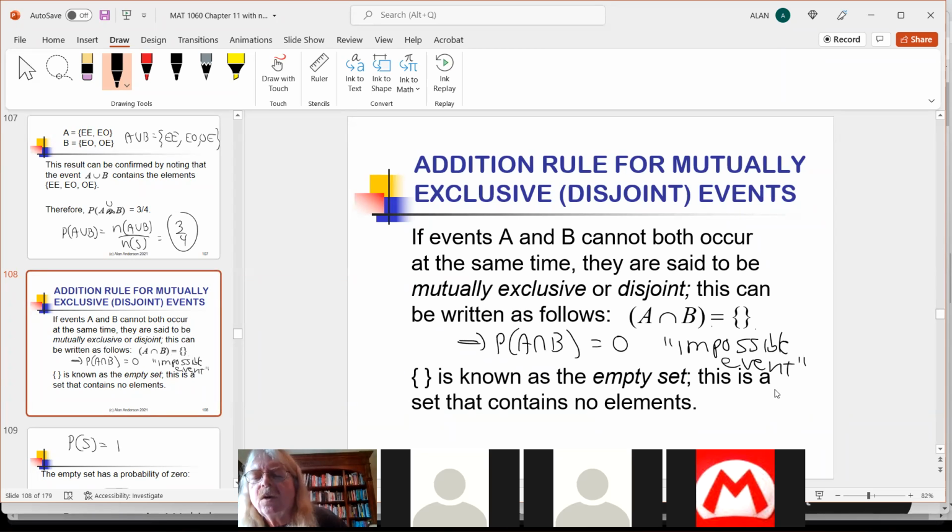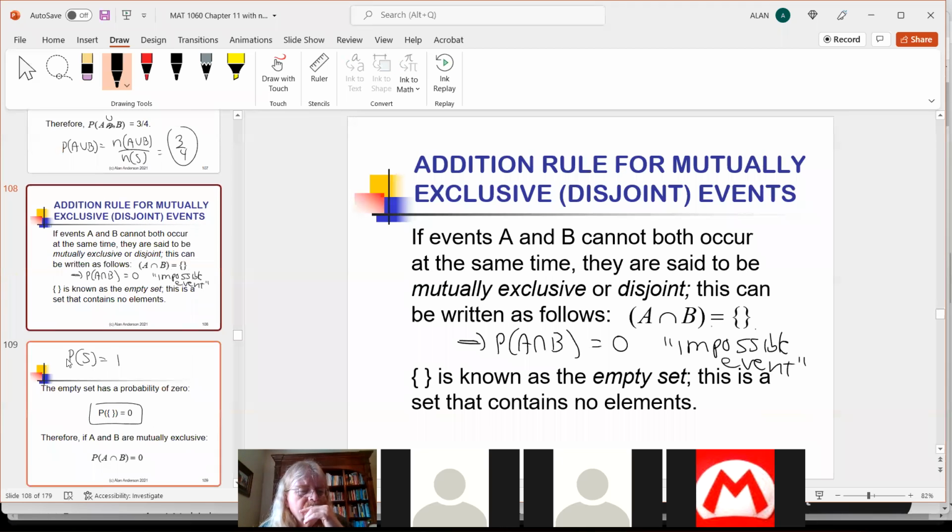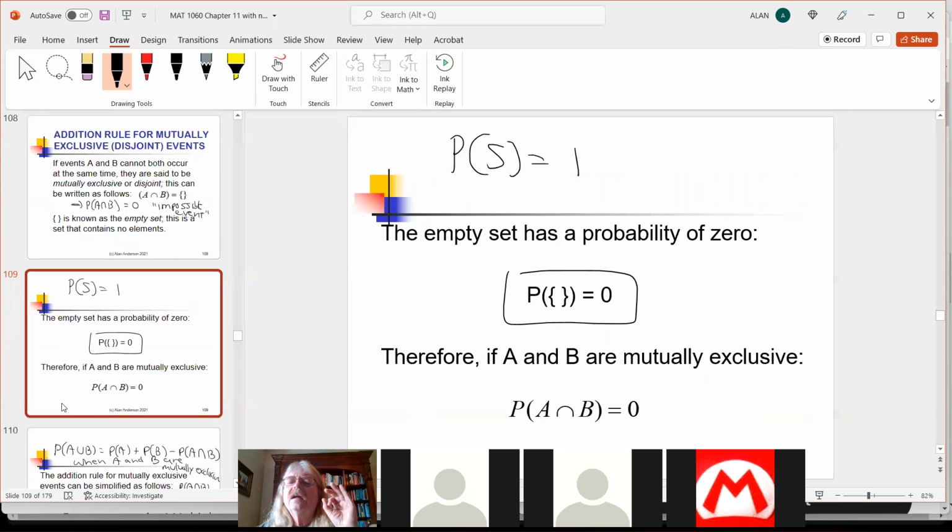Imagine if I told you that I'm going to pick a random number and I want to know the probability that it's both even and odd. Well, clearly that's not going to happen. There are no numbers that are both even and odd, and therefore the probability of that happening is 0. We call that an impossible event. And by the way, as a follow-up, the probability of the entire sample space is defined to equal 1.